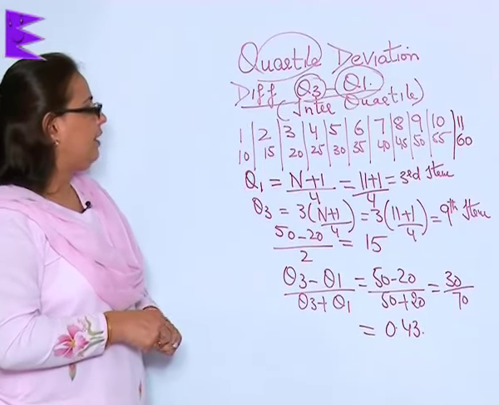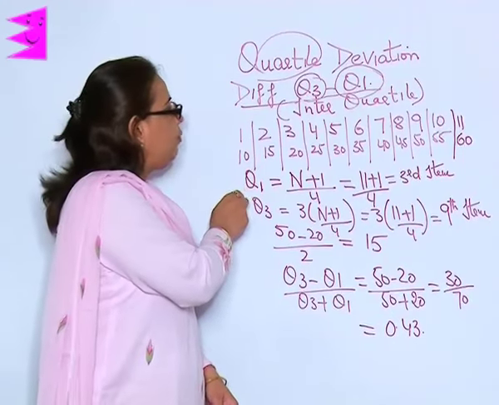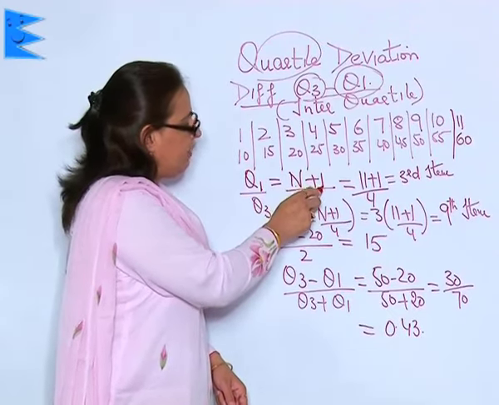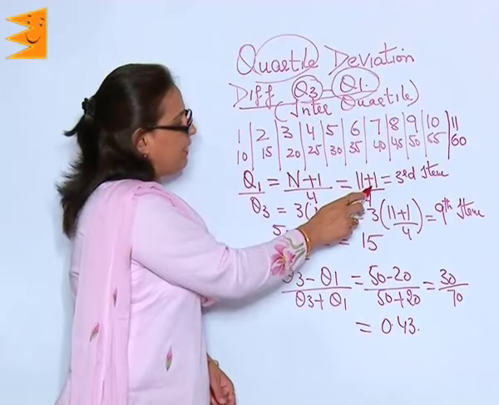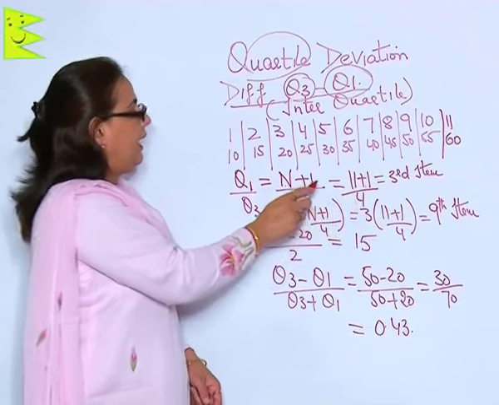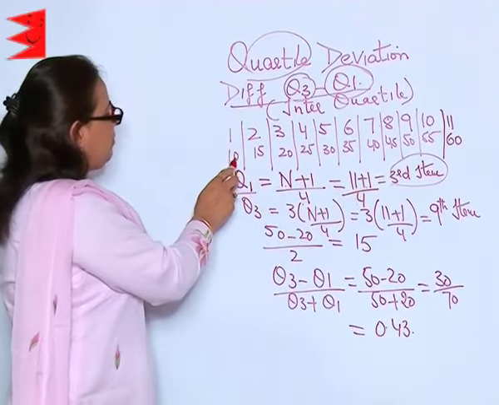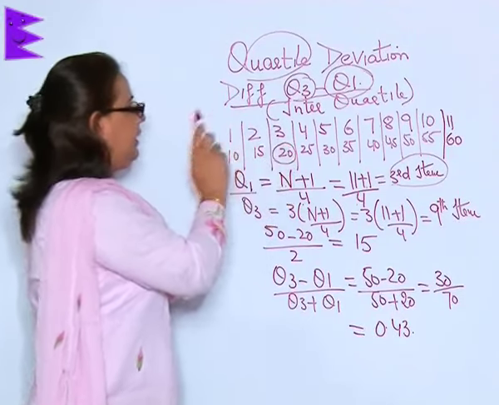For Q1, it is (number of observations plus 1) upon 4, which means (11 plus 1) upon 4, and this is the third item. Which is the third item here? 1, 2, 3, which means 20.